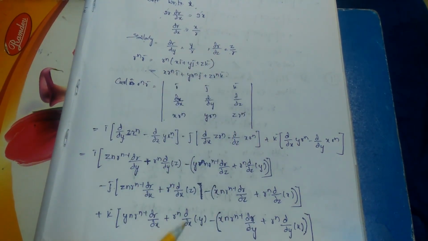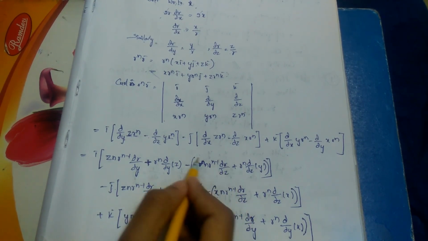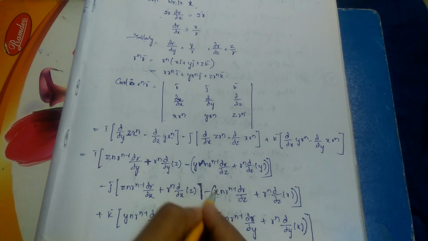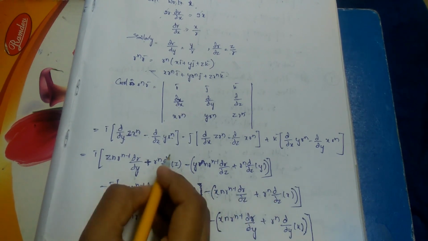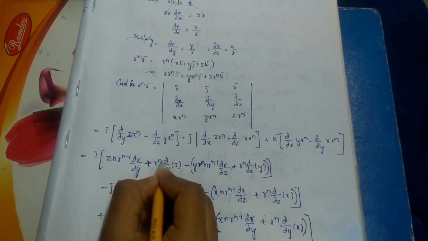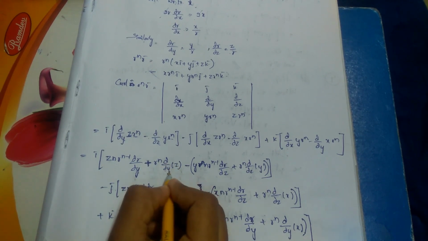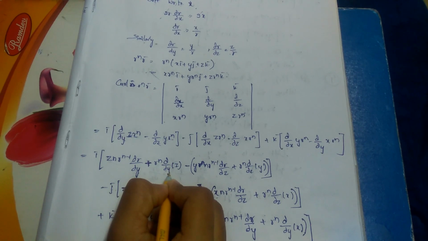It is multiplied with both of the terms, and in the second j-bar coefficient also this minus multiplies with both of the terms. But here, the differentiation of r^n and del z by del x: z is another variable, it doesn't contain the y variable, so its differentiation becomes 0, and that 0 multiplies with r^n. So this whole term becomes 0.